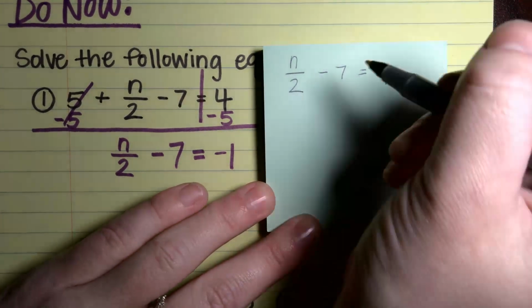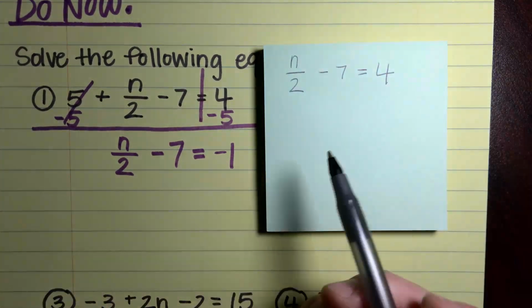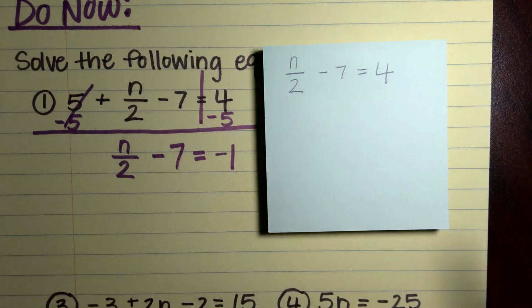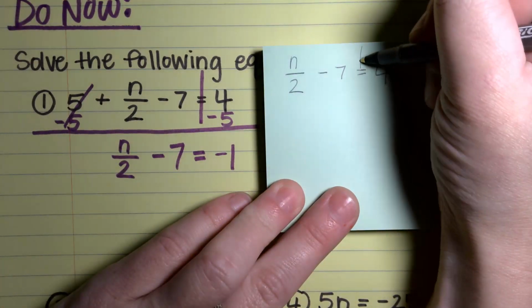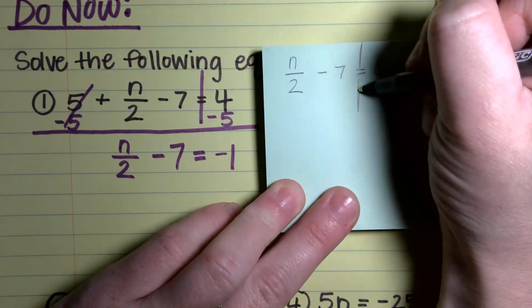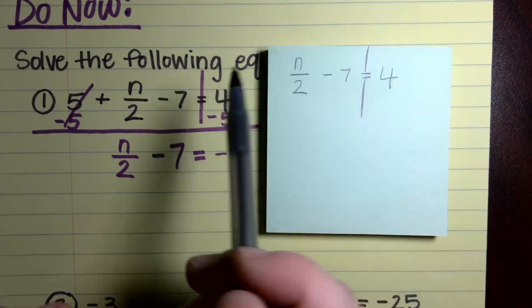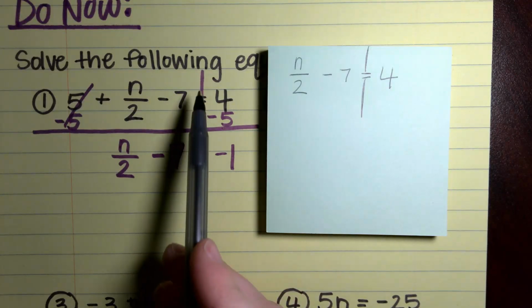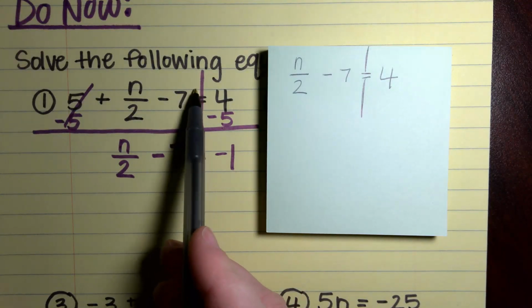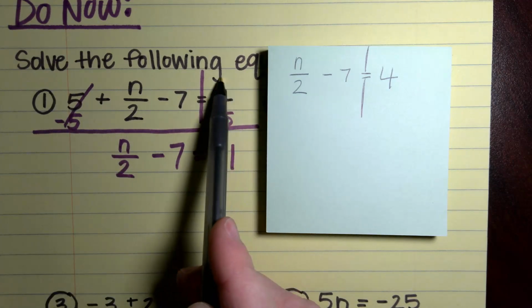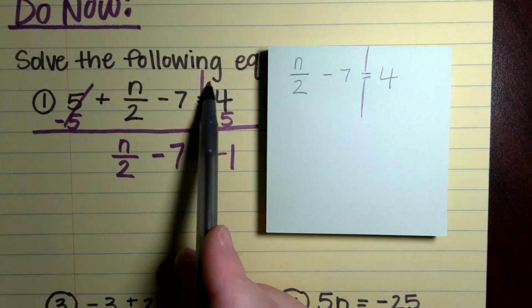What I want to show you here is that when I say we need to do the same thing on both sides of the equation, what tells me that I have crossed to the other side is the equal sign. So here's my line. The equal sign separates this side of the equation from this side of the equation.